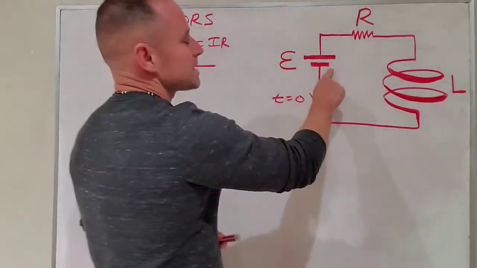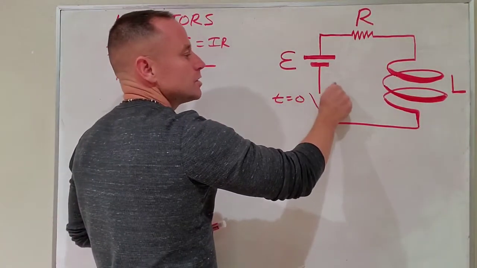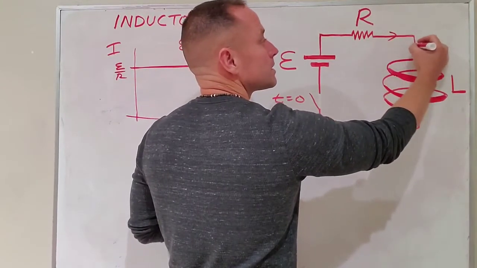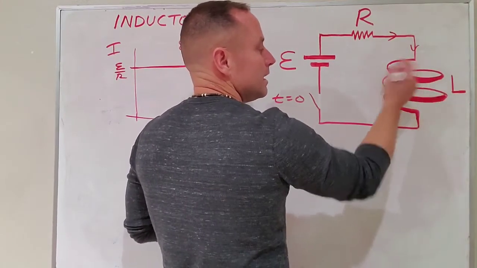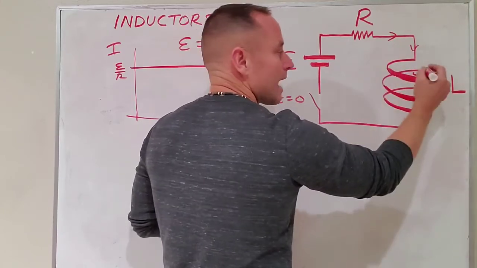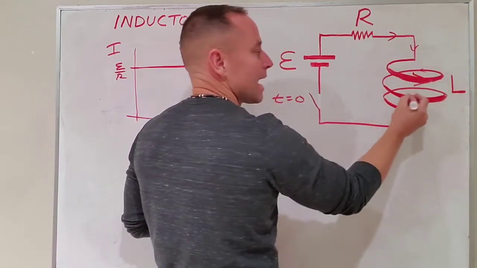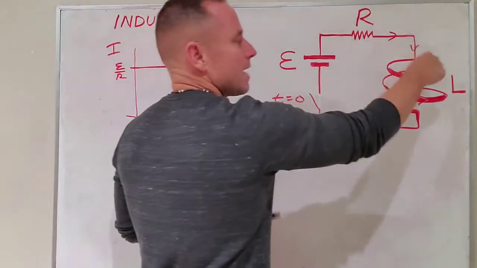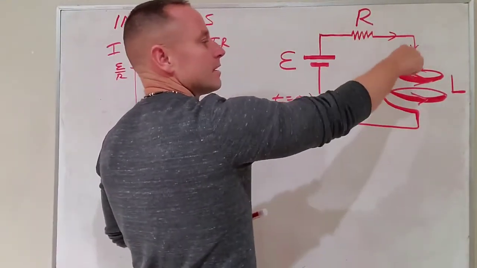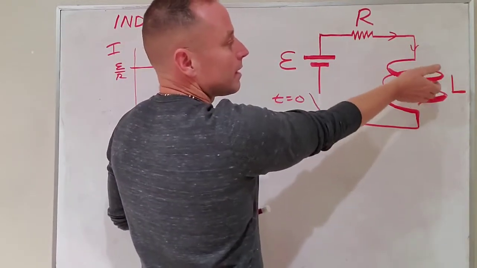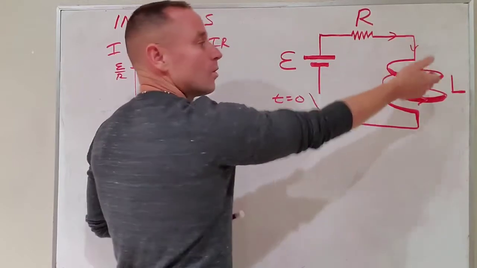If you take a look at what's happening here, as soon as you close the switch, current, of course, is going to start running around the circuit. And here in the front part of the coil, the current would be going that way, and then that way in the back. And so you can see from that when you first activate the circuit, what we would be building up is a magnetic field in this coil.